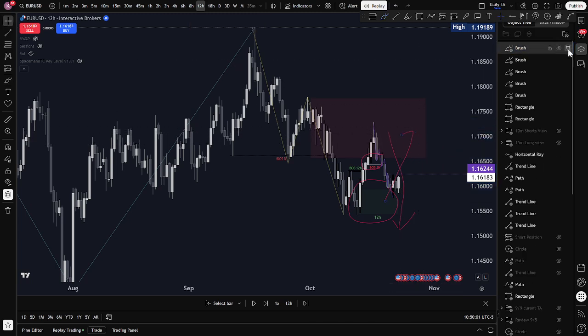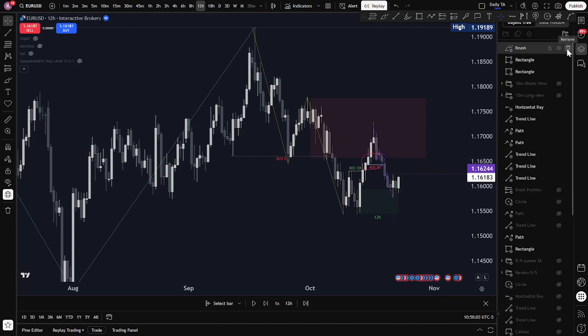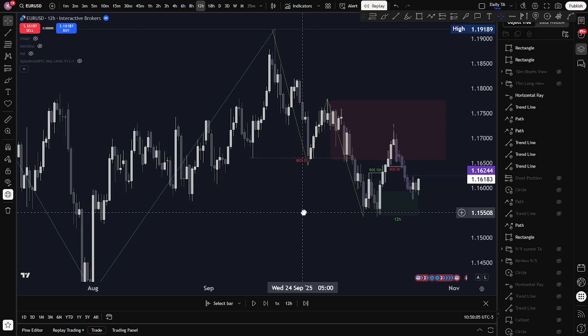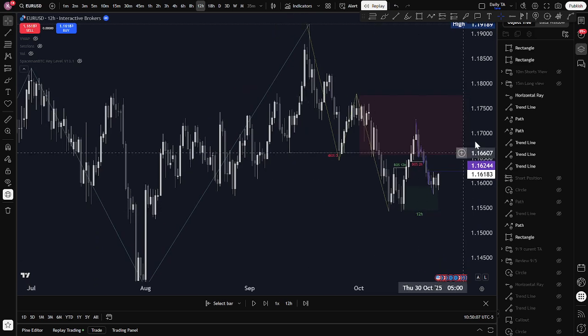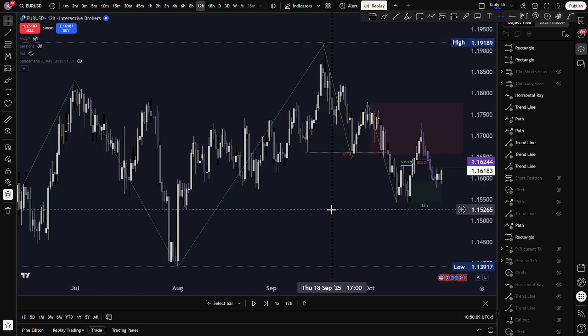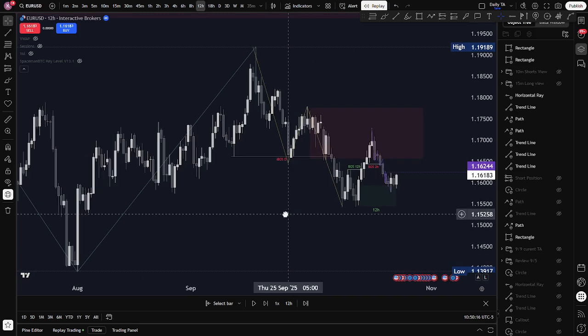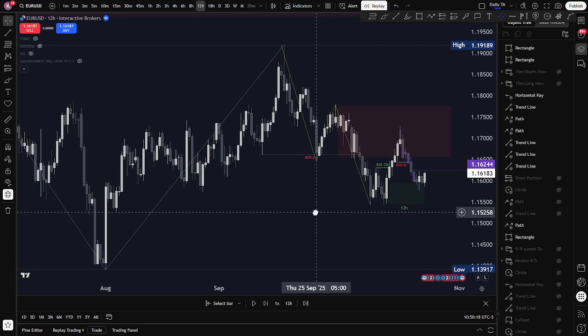Let's talk about those two different ideas from an order flow standpoint. What's more important? What should I be thinking about? Targets. What targets make more sense?